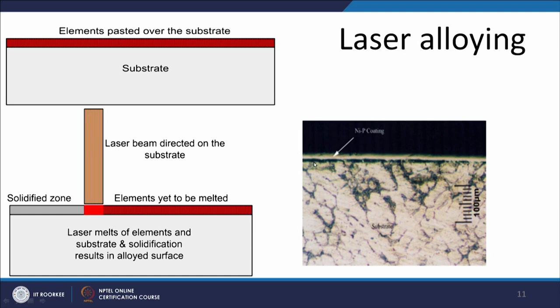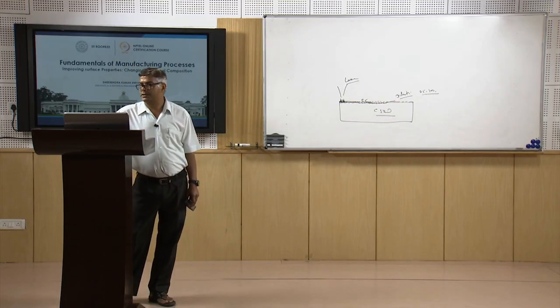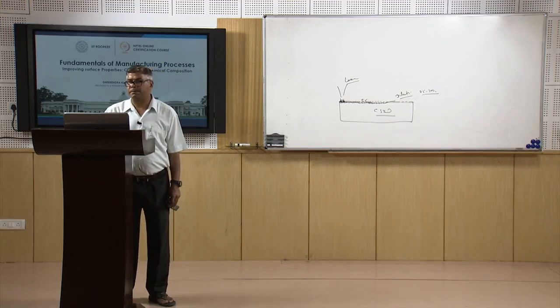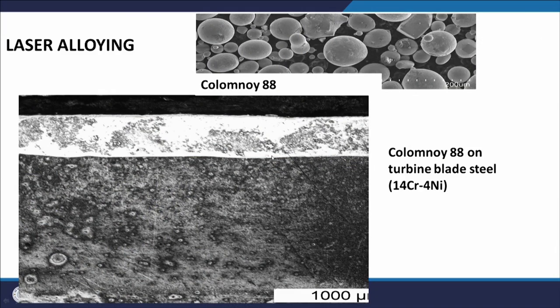This modified zone is extremely small, maybe 5 to 10 micrometer, and is realized by pre-placing the material to be alloyed and then passing the laser beam over the surface, so that the mixing of the pre-placed material with the base material after melting leads to the formation of the alloyed layer. This is another example of laser alloying, where the material placed at the surface is properly mixed with the base metal and forms a very coherent, solid modified surface layer.